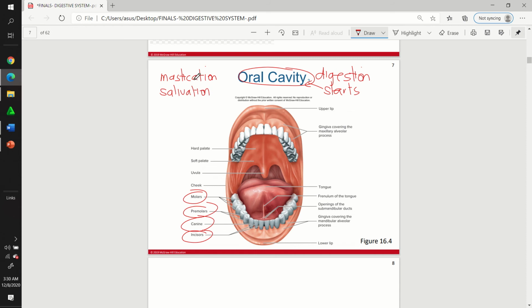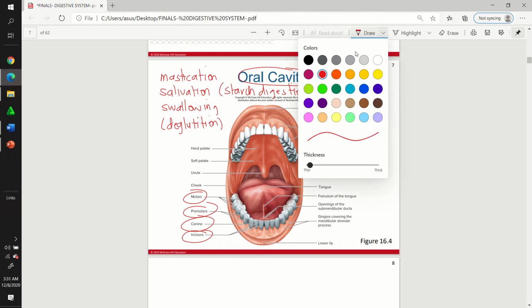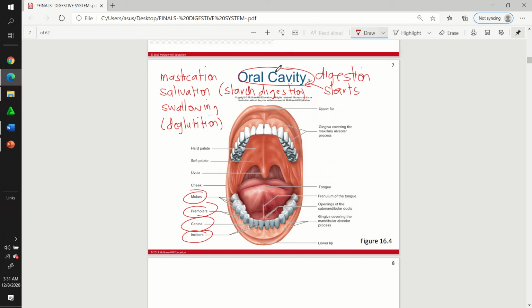That is actually the beginning of your starch digestion in the mouth, and of course the process of swallowing, also known as deglutition. So digestion starts in the oral cavity where chewing, salivation, and swallowing all take place.